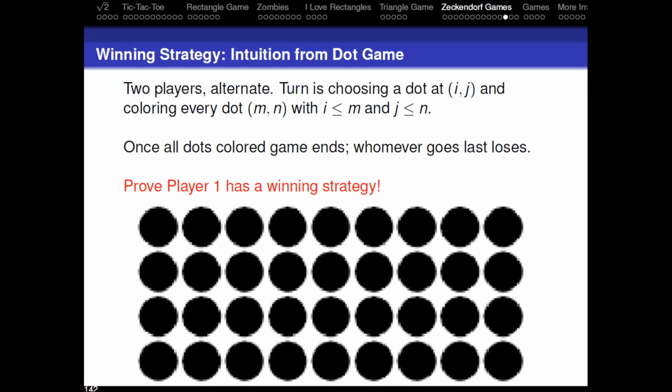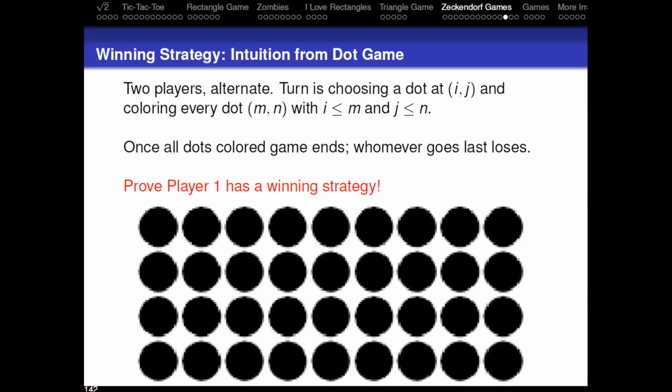If it was whoever eats last wins, where would you go to just win the game immediately? Is it possible to eat all the dots on your first turn?